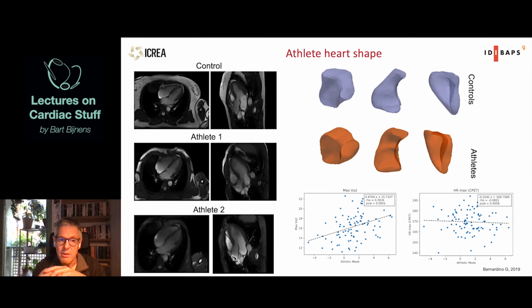One of the things that you see here also is that even if you would do a control and an athlete study, there's so much overlap and such a wide variability that this is not an easy way to do it. When you have these individual changes, mostly classical statistics don't work. So you really have to start to look at interactions, at confounding factors.